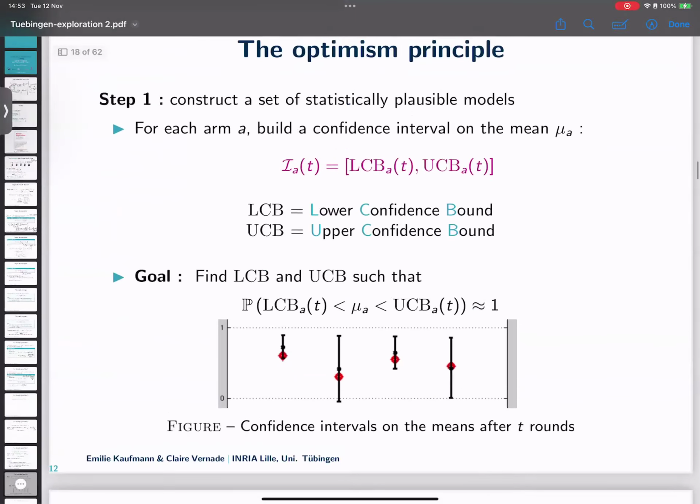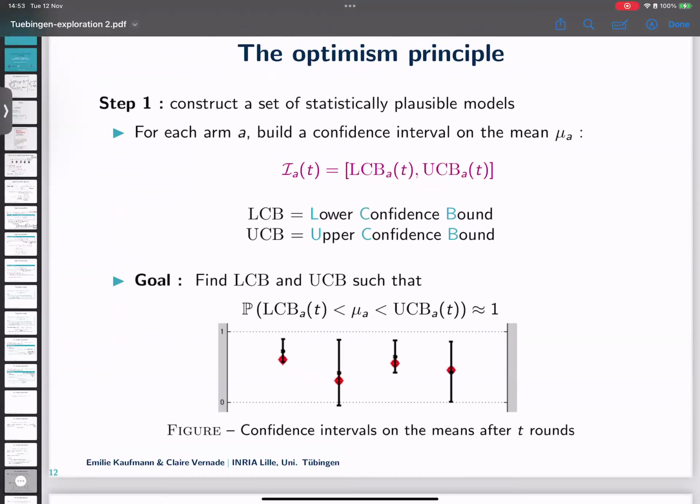The general idea of the optimism principle relies on a tool that we call confidence intervals. These are intervals around an estimator that quantify our uncertainty on the true quantity that we are trying to estimate. For those of you who are more Bayesian-minded, you can think of it as the quantile of your Bayesian posterior. The lower and upper quantiles contain a large mass of your posterior distribution, so they give you a notion of uncertainty or confidence.